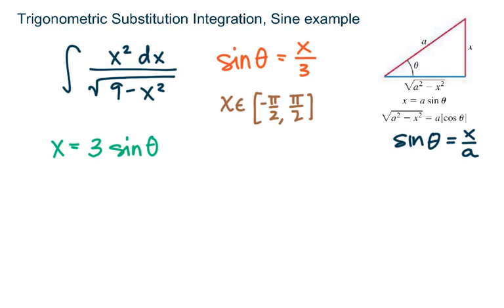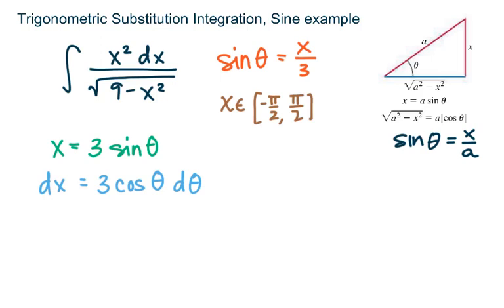And since x equals 3 sine theta, dx d theta equals 3 cosine theta. Now remember, we like to treat that as a differential. Move that over here. So I've got dx is 3 cosine theta d theta.